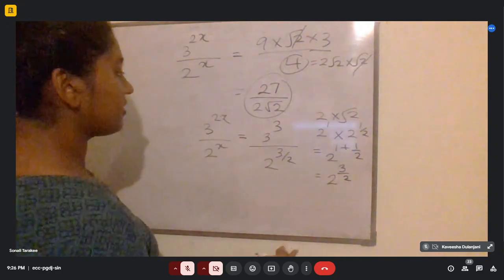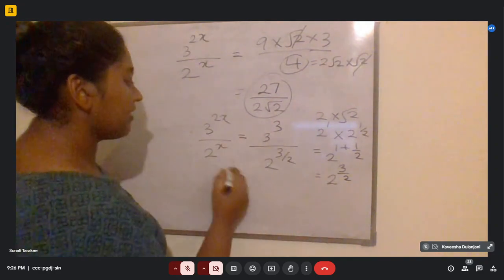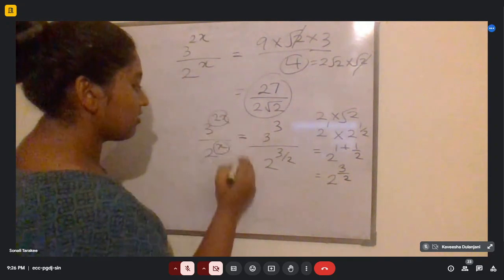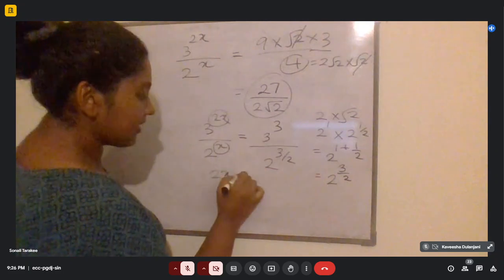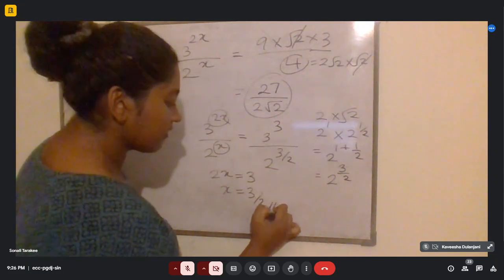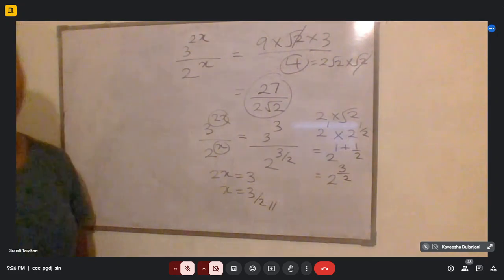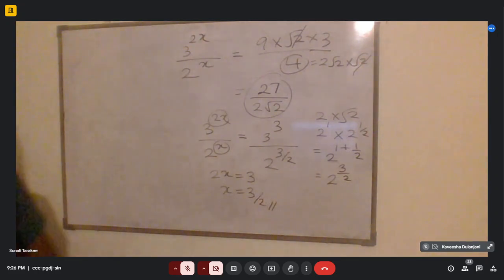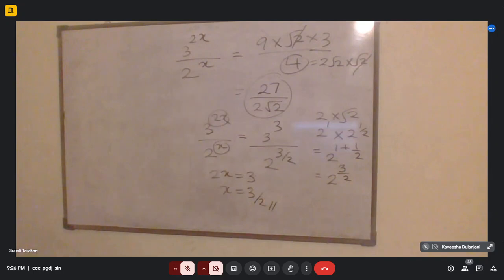Now you can equate. I can take either this one or this one. So 2x equals 3. So x equals 3 over 2. If you have questions, ask me.